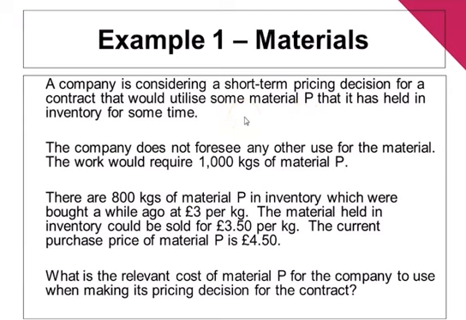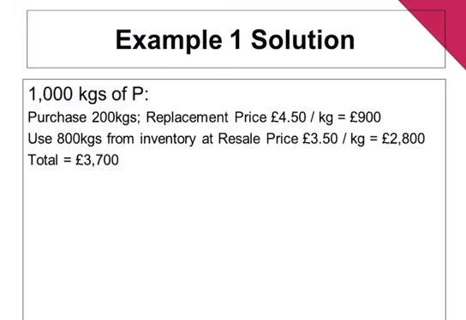So, a short-term decision: it requires 1,000 kilograms of material P, and we're looking for the relevant cost of material P, and there's quite a few things going on. We've 800 kilograms in stock, and it could actually be sold for £3.50, and the current purchase price of the material is £4.50. So what is the actual relevant cost?